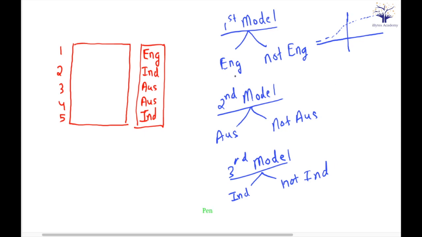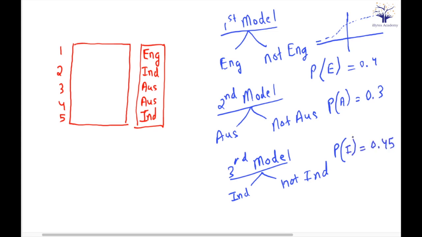So if my first model says probability of England winning is 0.4, my model 2 says probability of Australia winning is 0.3, and let's say my model 3 says probability of India winning is 0.45. So as per model 1, probability of England winning is 0.4 and probability of someone else winning is 0.6, right?